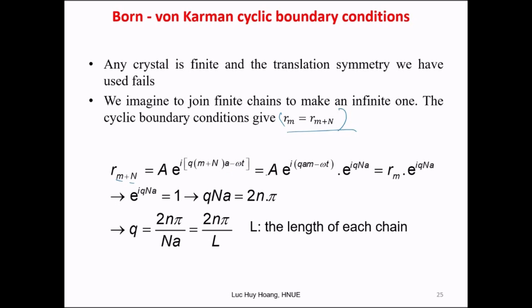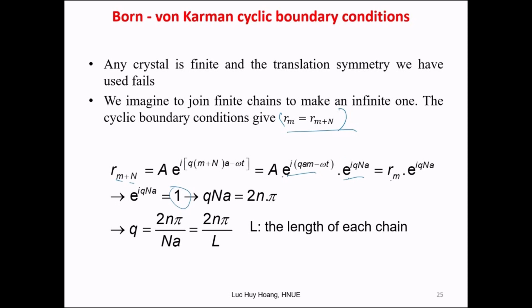Okay, so we can express this equation as this component and this component. And if we want Rm plus N to equal Rm, this means that e to the power of i Q A N should be equal to 1, right?